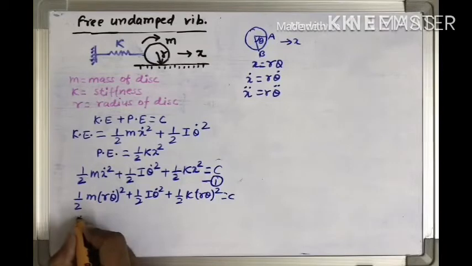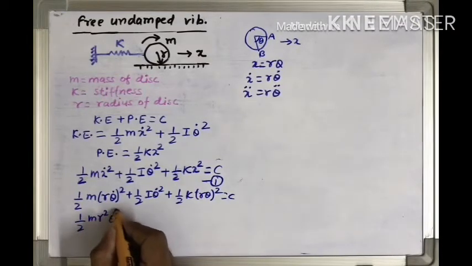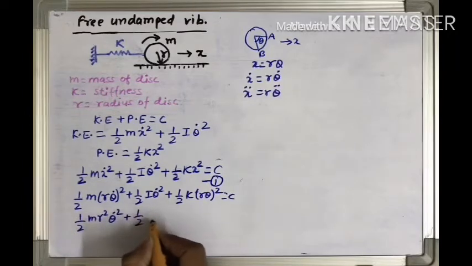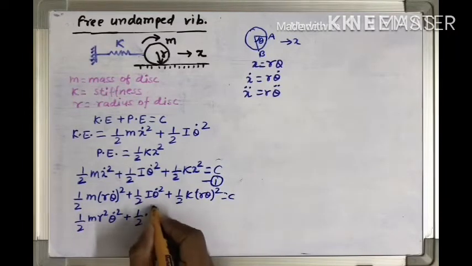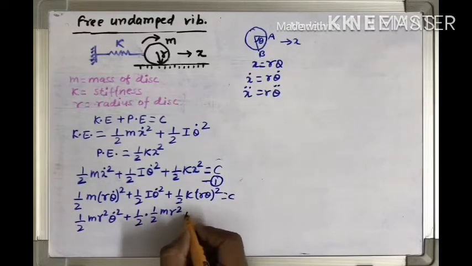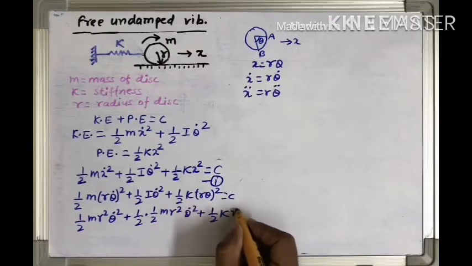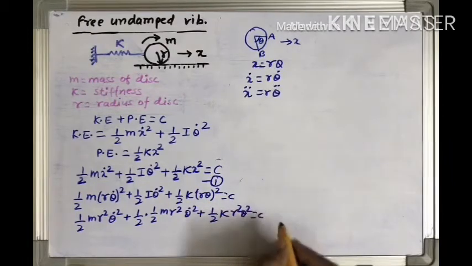If we solve it, it would be 1 by 2 m r square theta dot square plus 1 by 2 k r square theta square is equal to constant.